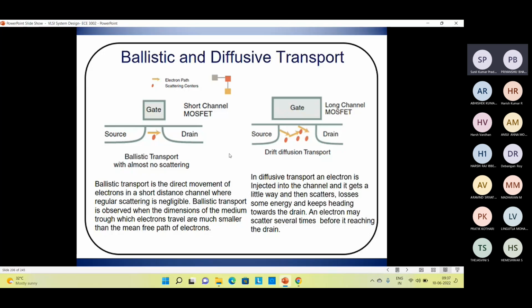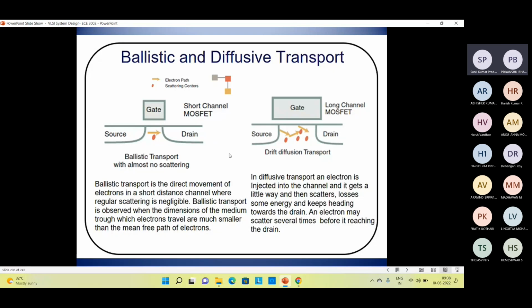So you should know this difference: what the transport behavior is in short channel devices and what it is in long channel MOSFET devices. You can conclude from this discussion that short channel devices, where our channel length is very, very much less than the mean free path of electron, are governed by ballistic transport.